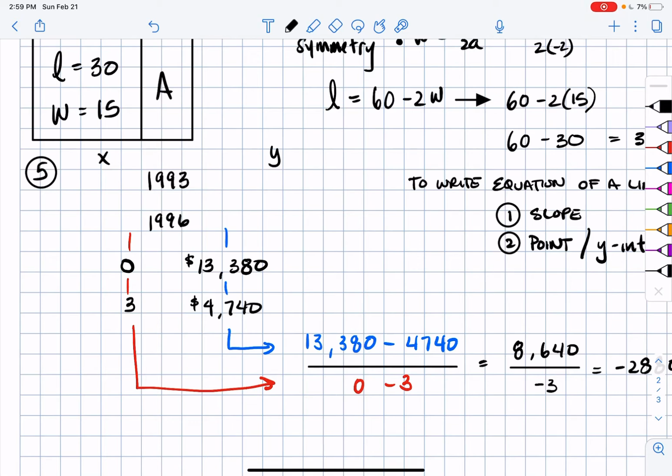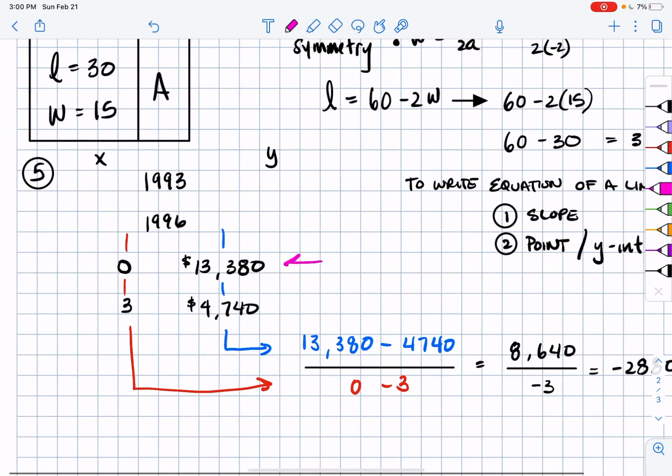What is this point right here? So this is (0, 13,380). If you were to plot that point, what would you call it? That's right. It's called a y-intercept.